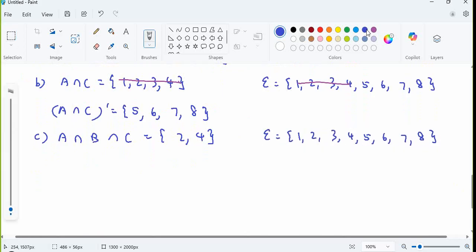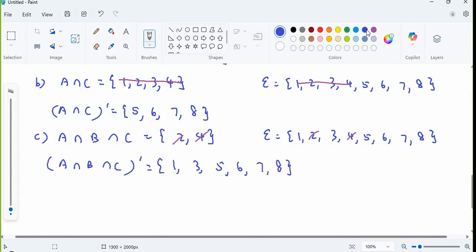So the complement of the intersection of A, B and C will be 1, 3, 5, 6, 7, and 8.